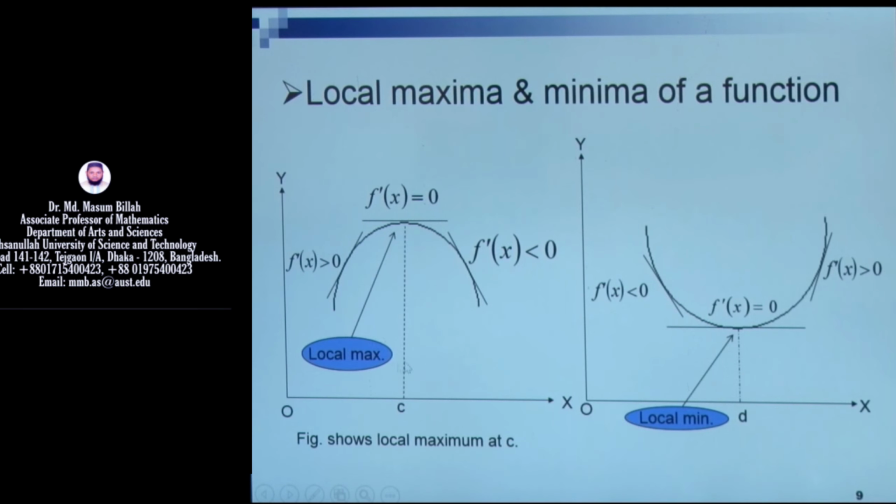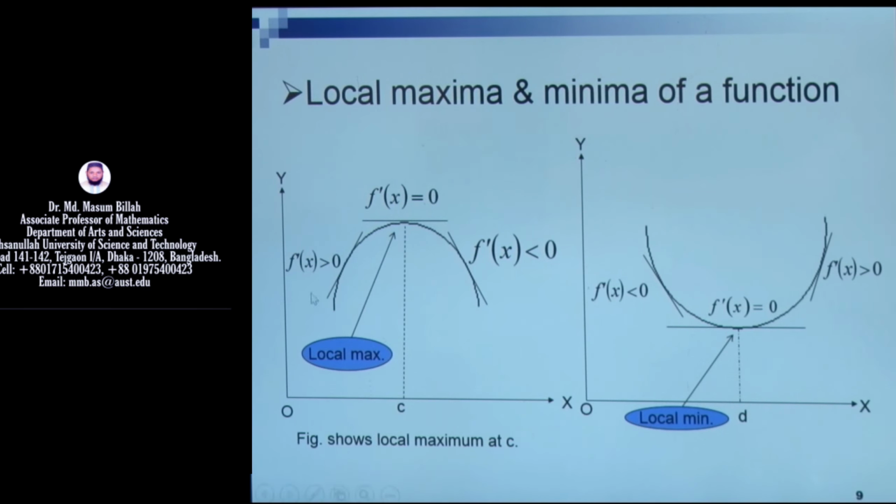Again, we see a stationary point or critical point arises when f'(x) equals 0. On the left side of this stationary point the function is increasing, and on the right side it is decreasing. That is, the curve is increasing, then 0, then decreasing. And when we consider a function of such a type, decreasing, 0, and increasing, this phenomenon is known as concave up, and the other phenomenon is known as concave down.